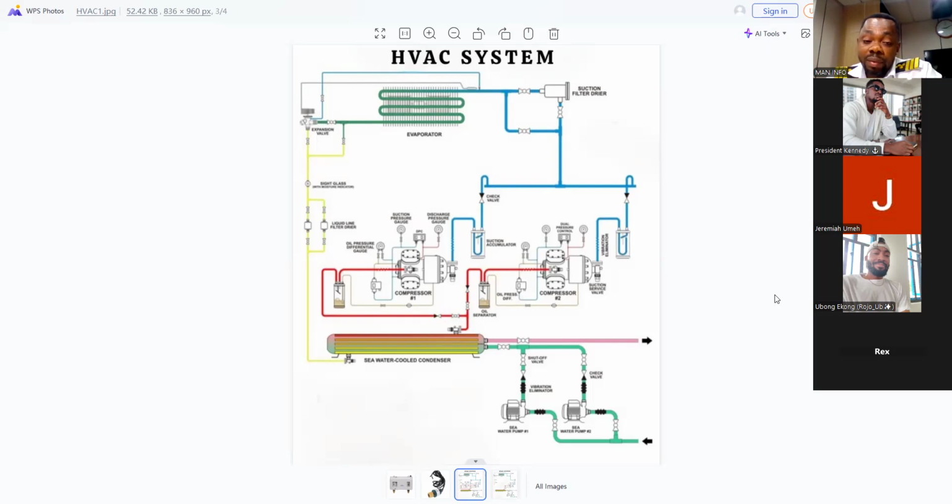Most times the bulb can actually be bad. I've noticed one on my vessel, and I realized that it was having an improper superheat. Sometimes it regulates, and the liquid refrigerant started entering the compressor at some point. So we had to change that.